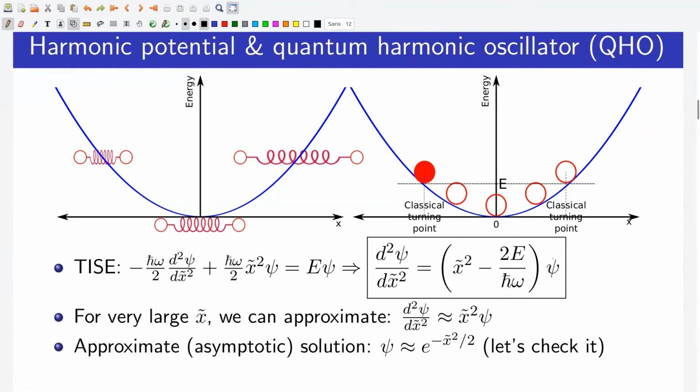Thus, using non-dimensional position, we have converted the time independent Schrödinger equation into this form.